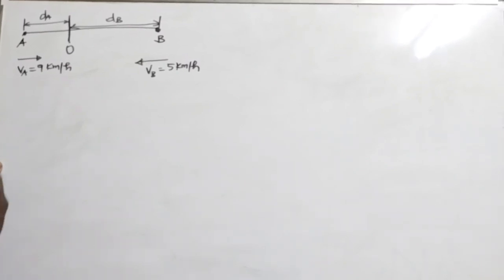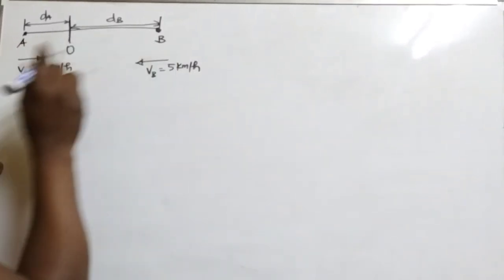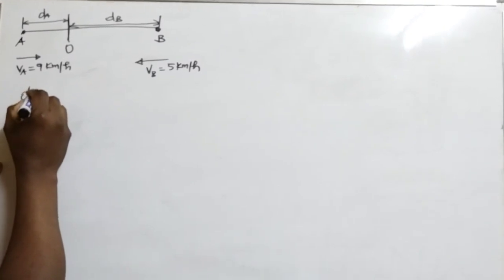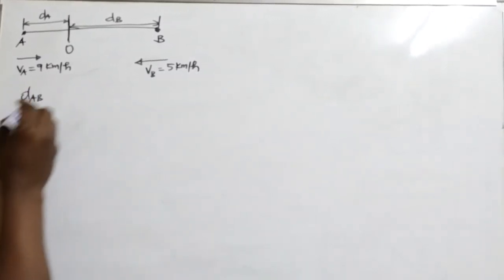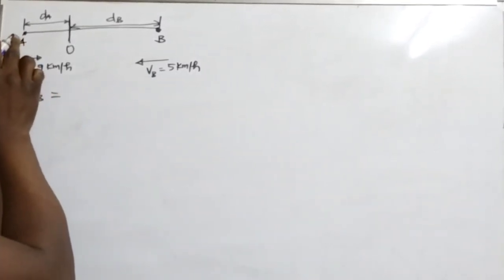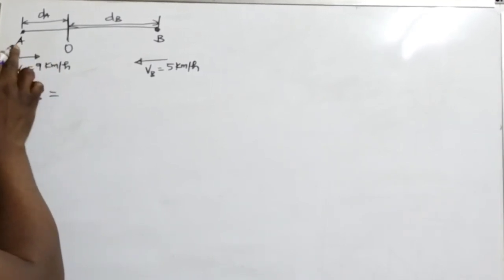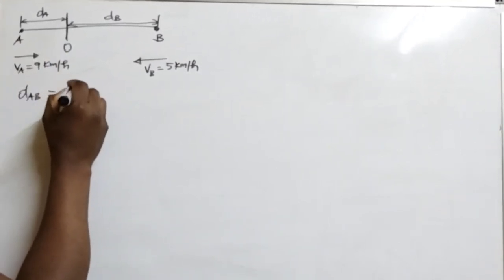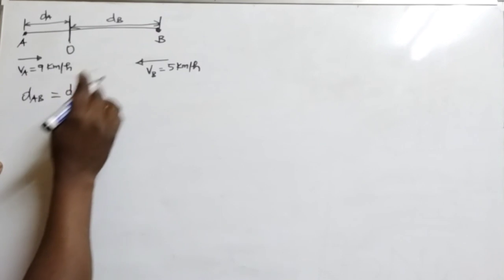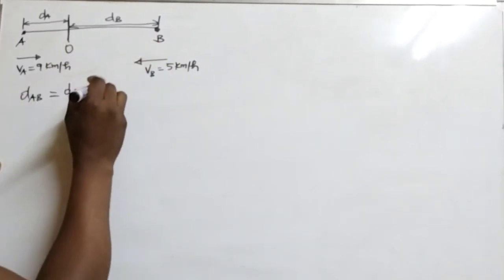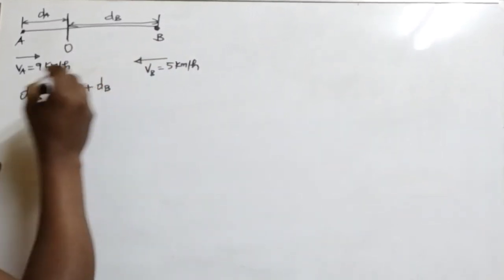Now obviously, the distance AB will be calculated as the distance to move from A to O, which is dA, plus the distance to move from B to O, which is dB.